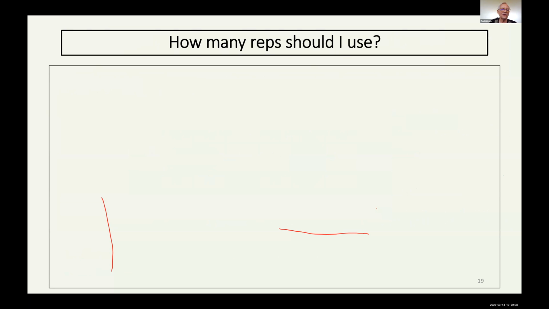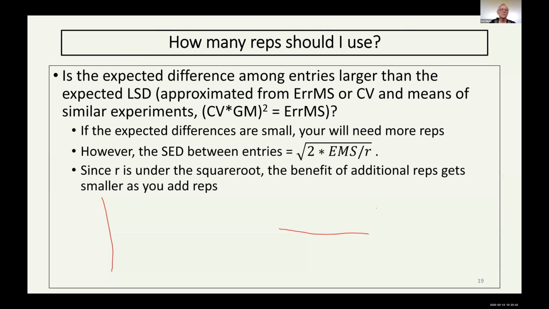And a question often, how many reps should I use? And that depends on the expected difference among entries. Is it larger than the LSD, which can be approximated working backwards from the CV if you don't have the direct information? If expected differences are small, you'll need more reps.